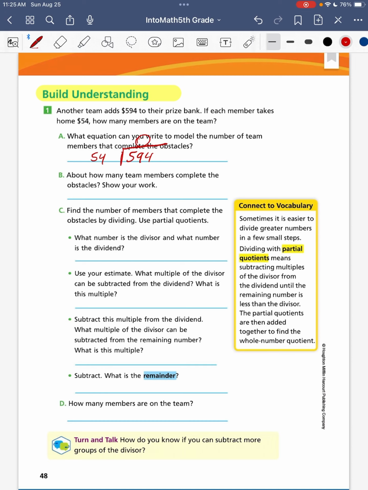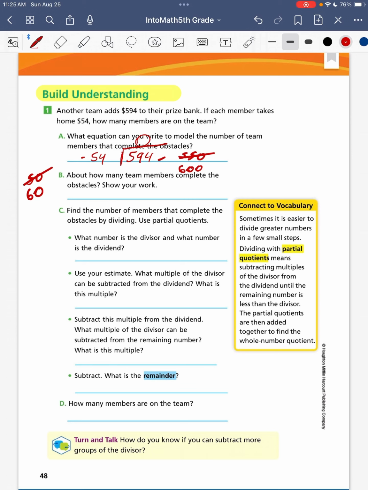We can start by estimating. And we have 54 and 594. Compatible numbers that we can use: we can make this 50 or 60, and our dividend we can either make 550 or 600.